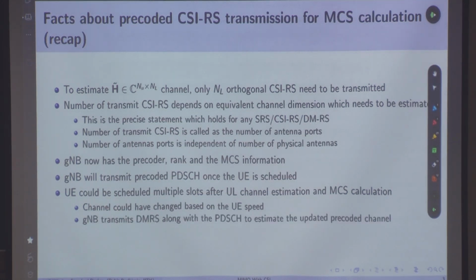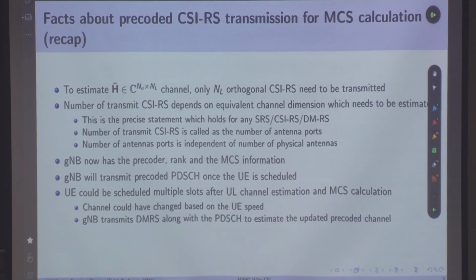So what happens is that now this has been done. PDSCH will be scheduled, but what the gNB does is it transmits this DMRS, demodulation reference signal, along with the PDSCH to estimate the updated precoded channel. At least it helps the user in estimating the correct downlink channel, which it will use for doing the receiver design. We know how receiver design needs to be done.